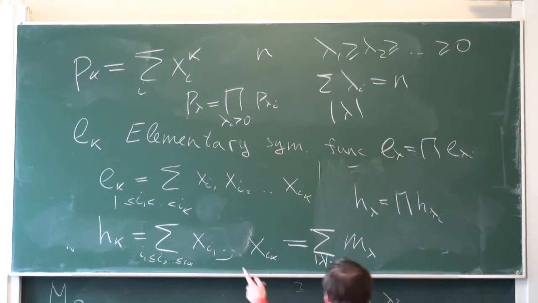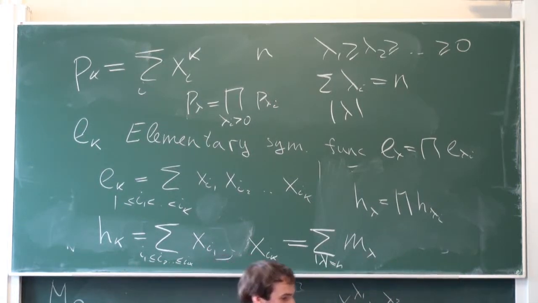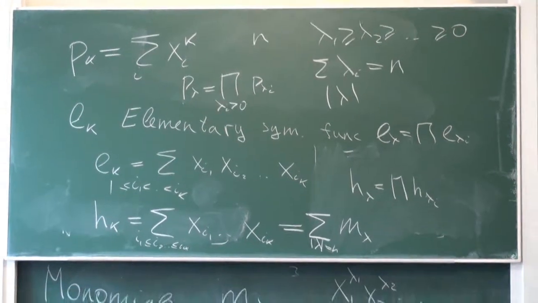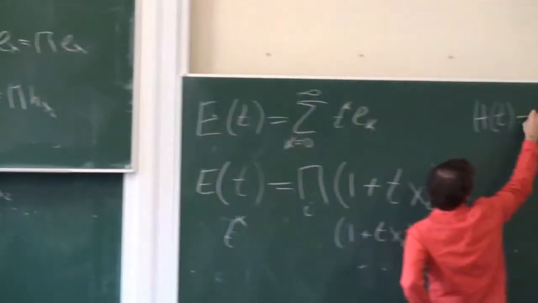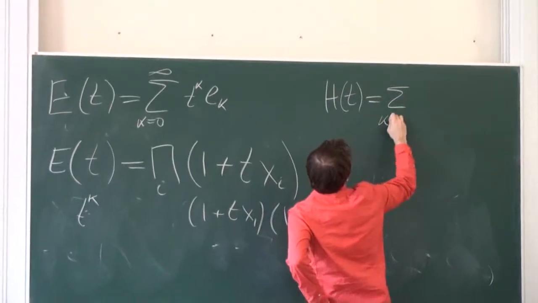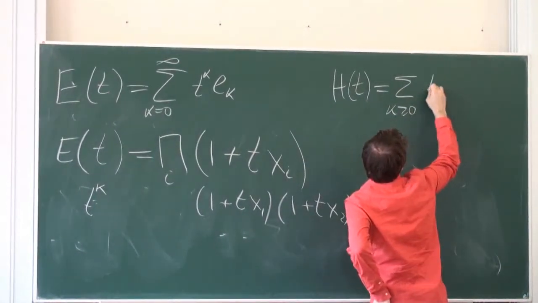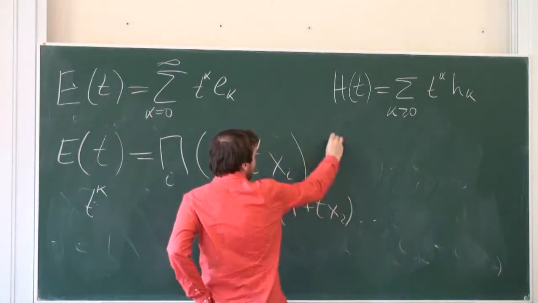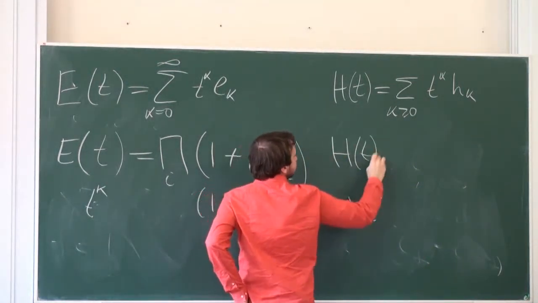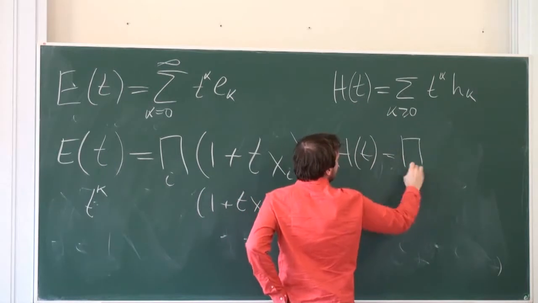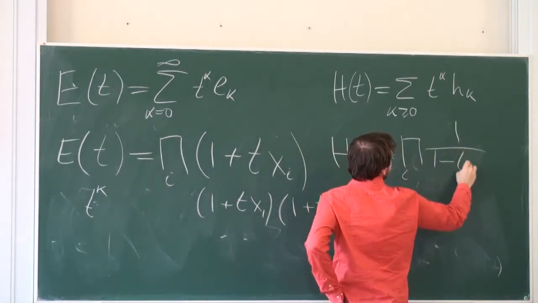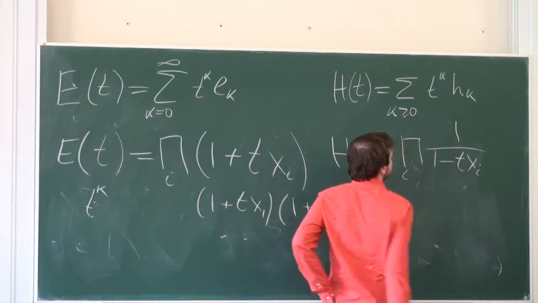Now for complete homogeneous functions, there is also a formula. In a similar way, we define h of t as the sum of t to the k hk. Then the formula is the following: this is the product over i of 1 divided by 1 minus t xi.